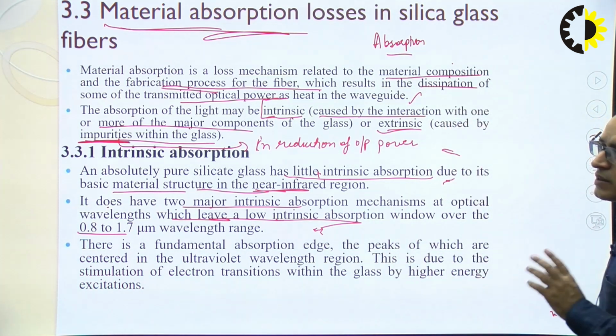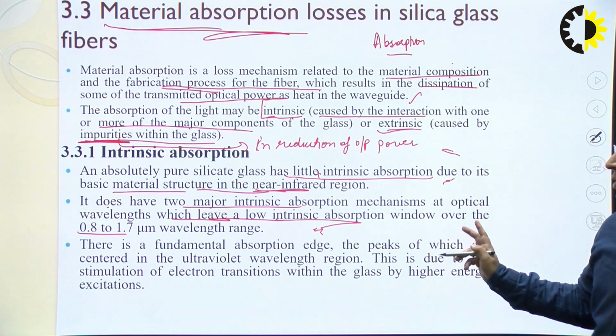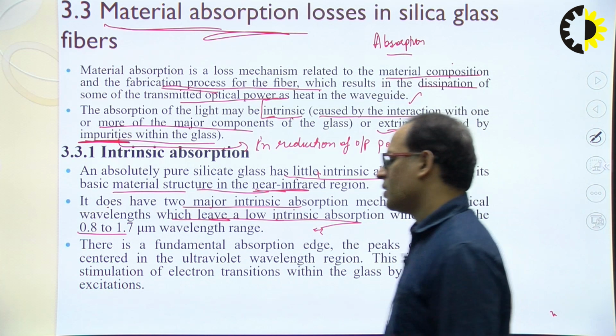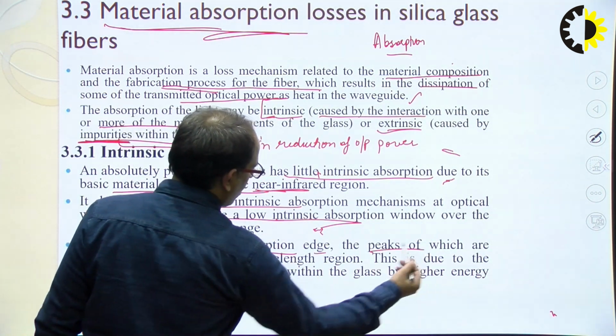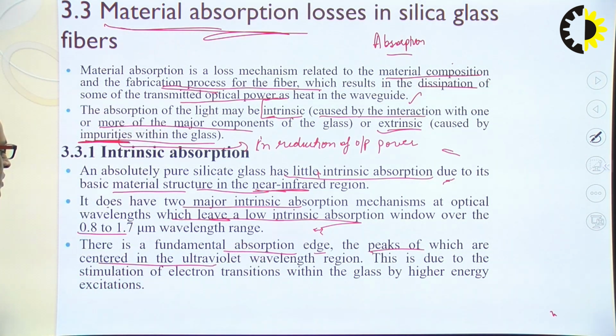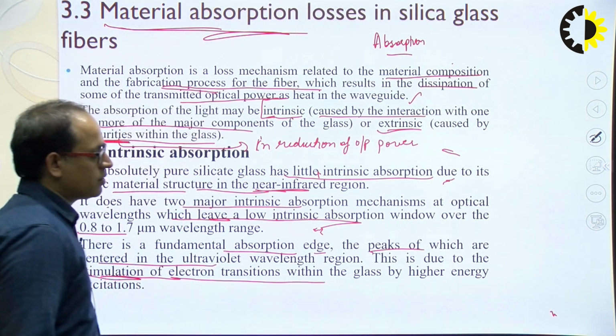But although the value is low, there is still some absorption due to the intrinsic property of the material. Now see that there is a fundamental absorption edge, the peak of which is centered in the ultraviolet region. This is due to what? Due to the stimulation of electron transitions within the glass.